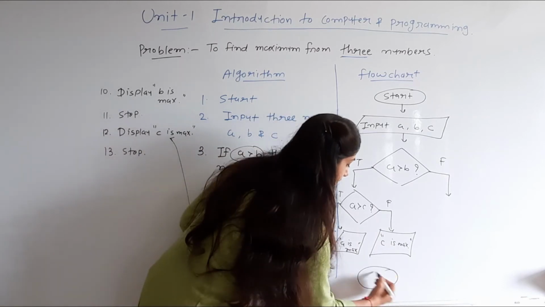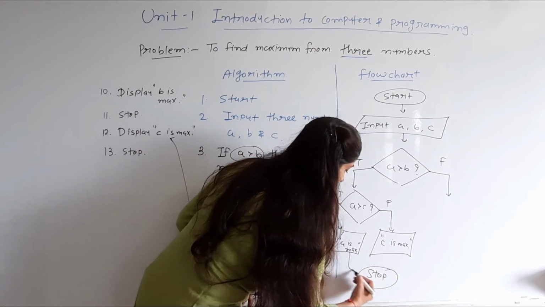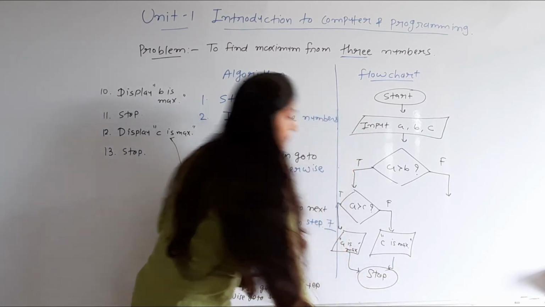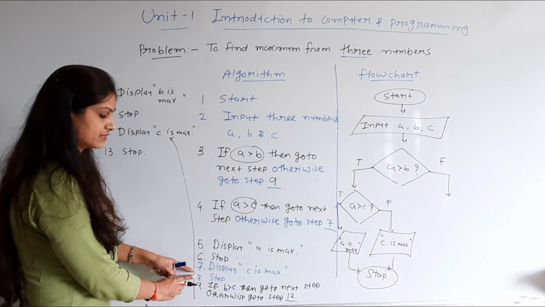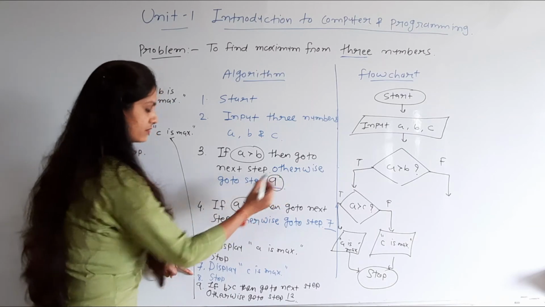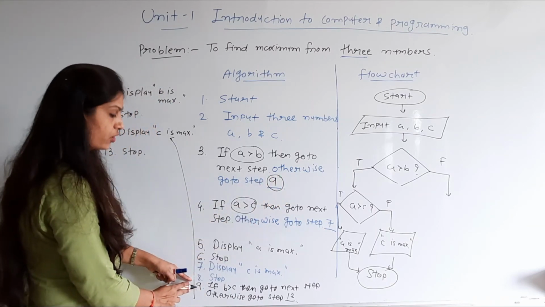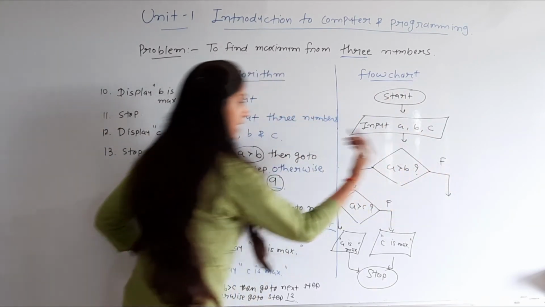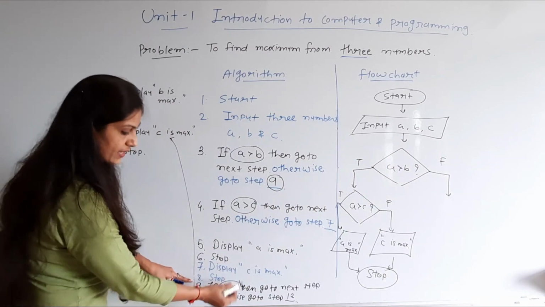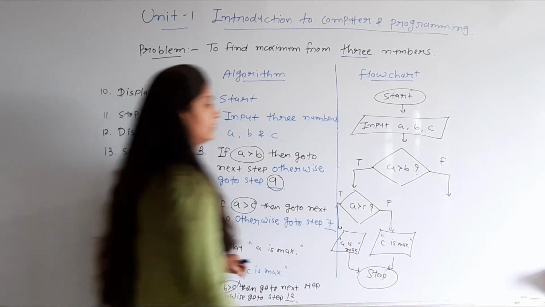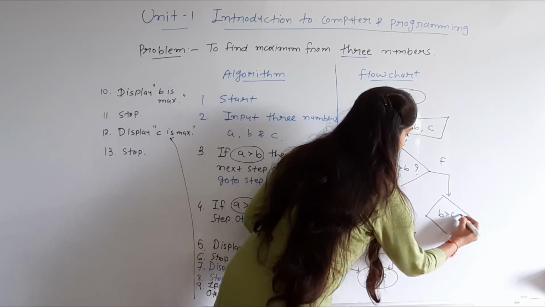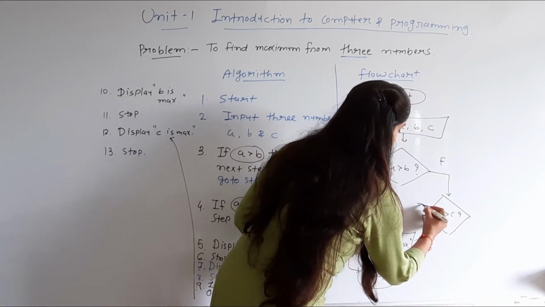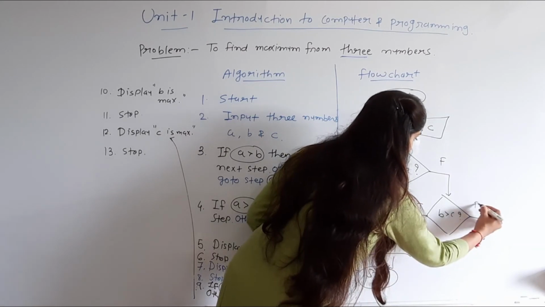So here we write stop and come into the stop. Now move to the false part, that is our 9th step. For that move to the false part, and again the condition is there, B greater than C, yes or no. B greater than C, again true and false.